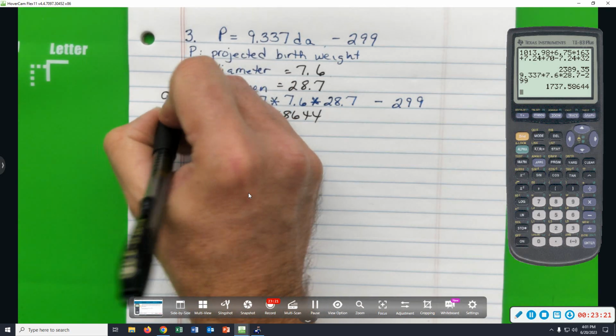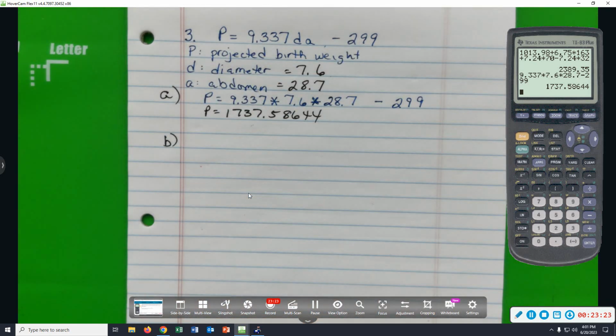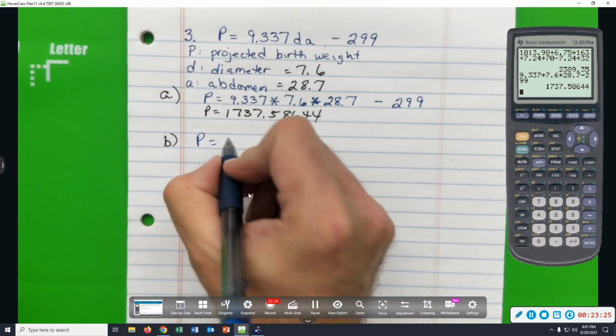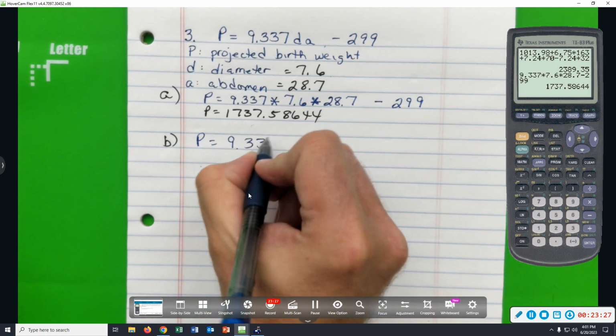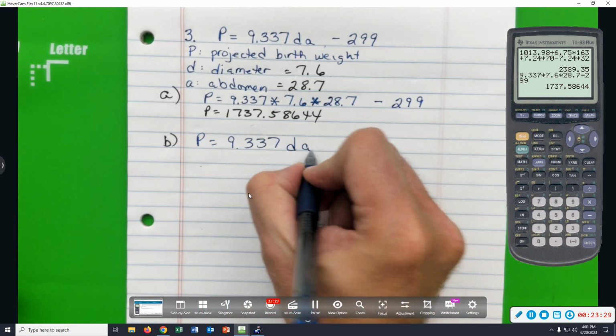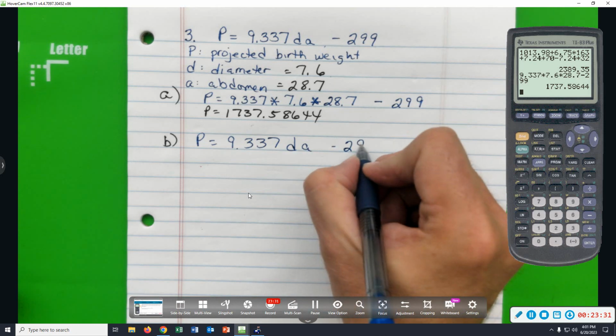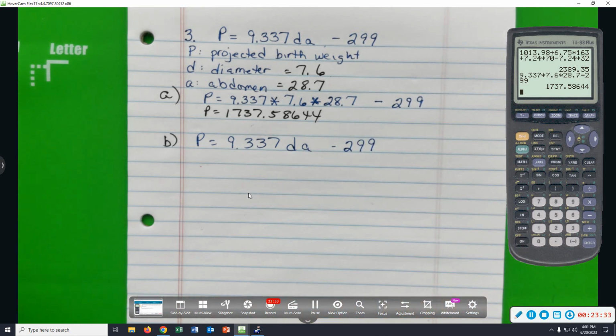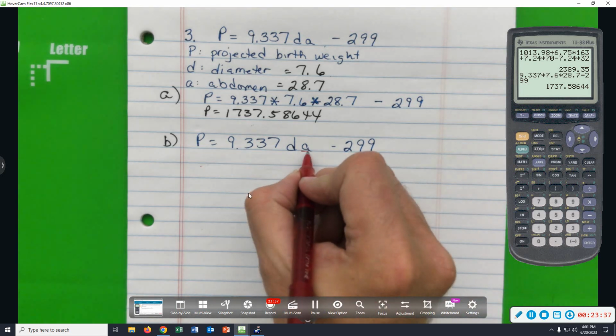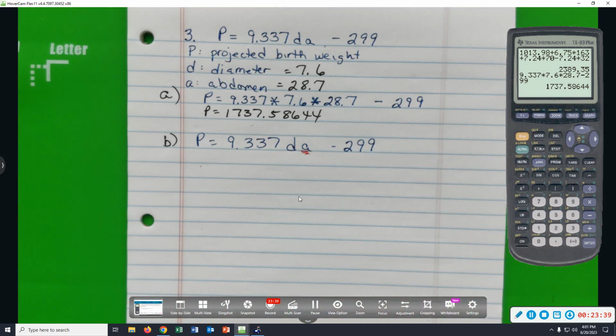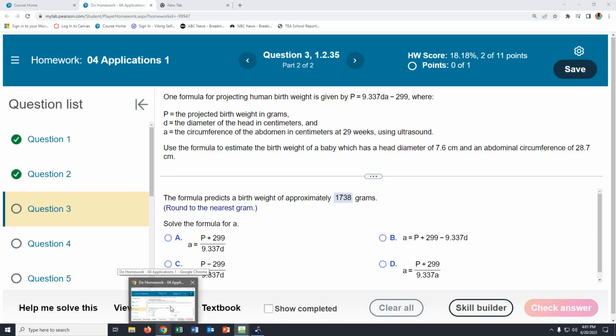Here's the first part. So P equals 9.337 dA minus 299. We're going to try to isolate A. Let me look again and make sure that's what it says to solve for.